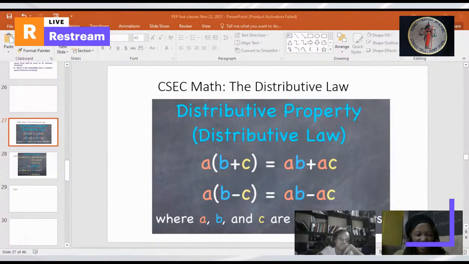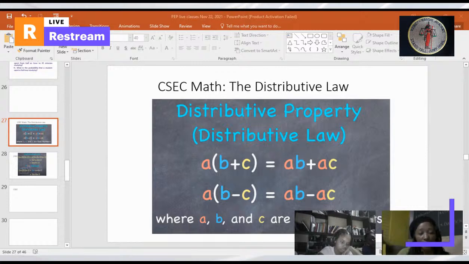Now you're wondering, why are they talking about real numbers? Are there numbers that are not real? Well, yes, in maths there are numbers that are not real, but you don't need to concern yourself with those at this level. There are what you call imaginary numbers. But here we're focusing on the real number system.